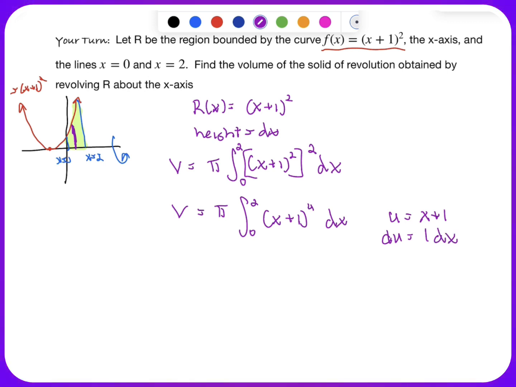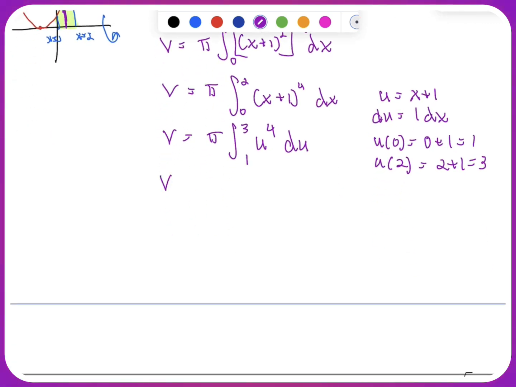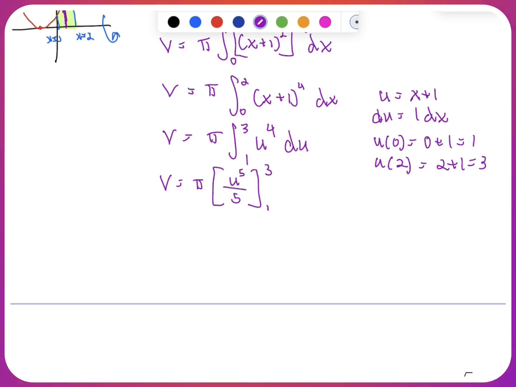We can easily set this up for integration by u-sub. We need to remember to find our new upper bound and our new lower bound. So let's rewrite this as pi times the integral from 1 to 3 of u to the fourth du. Integrating that, we get pi times u to the fifth over 5, evaluated from 1 to 3.